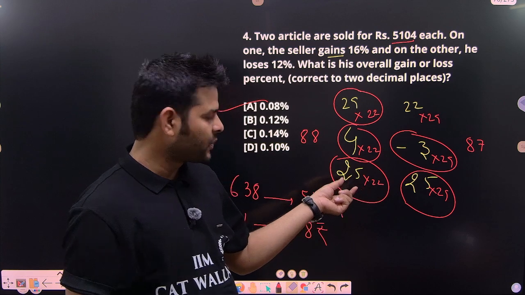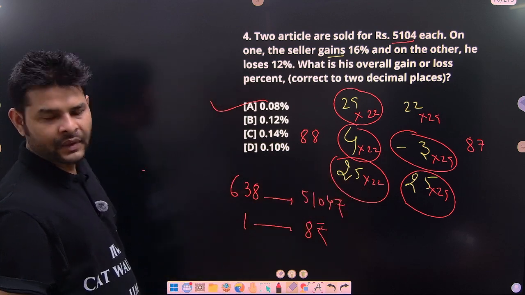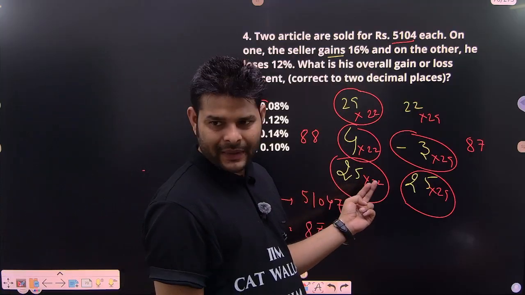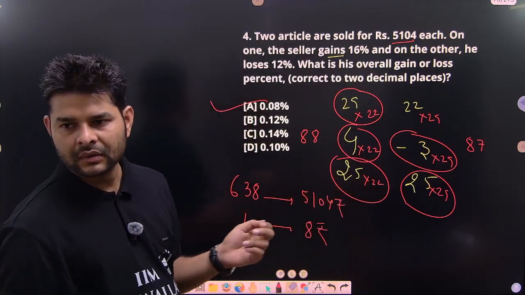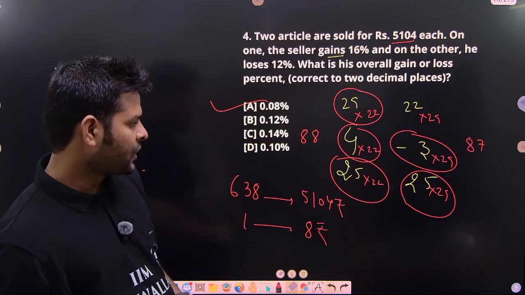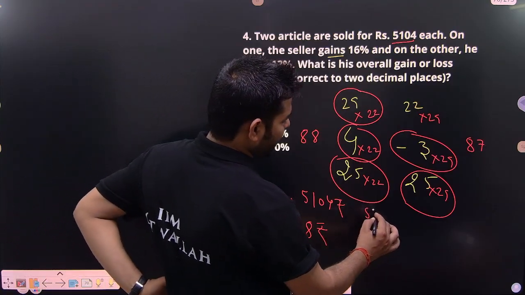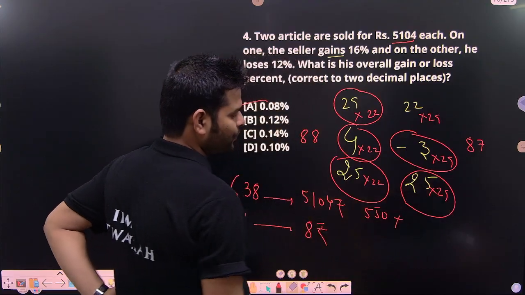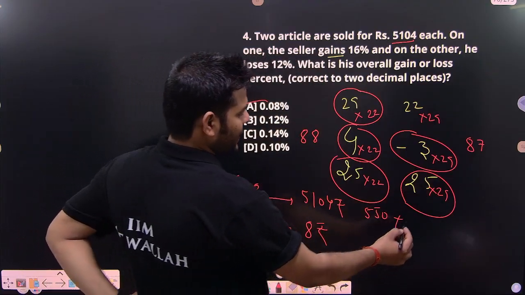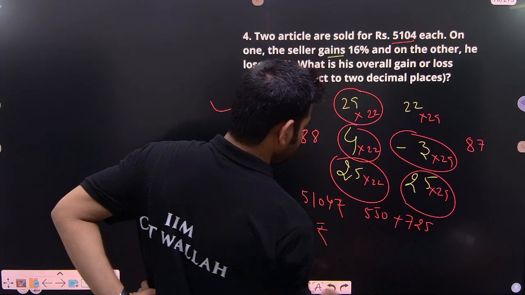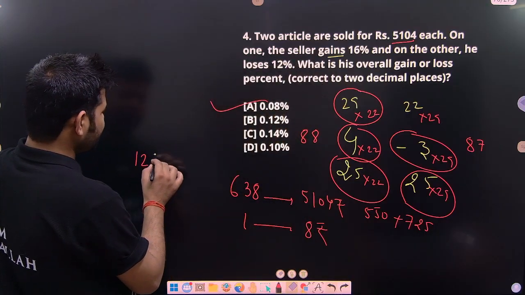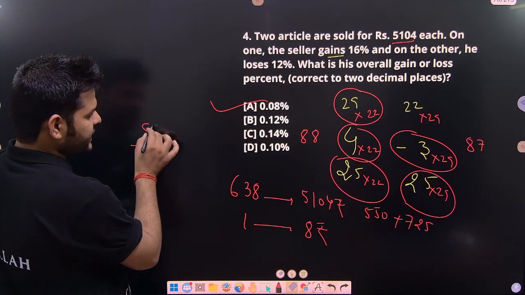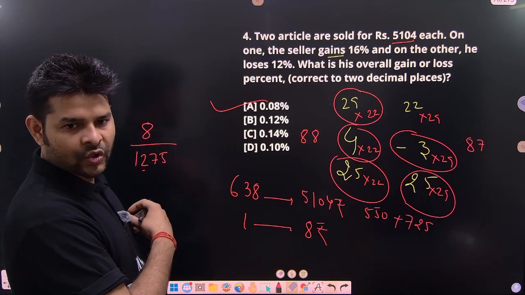So first CP would be the calculation 525 multiplied by 22, which would be 550. You need to add 550 plus this value 725. That value would be 1275 and the loss is 8 rupees.